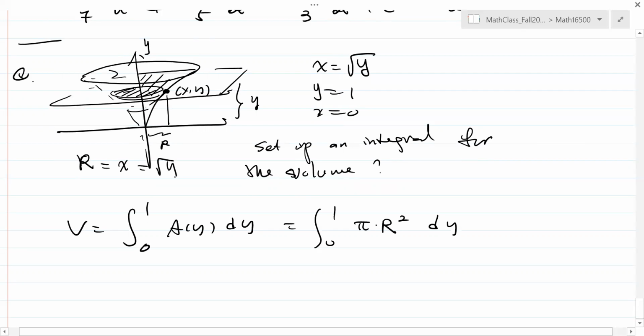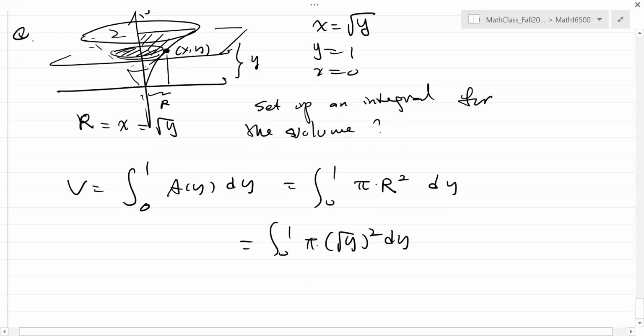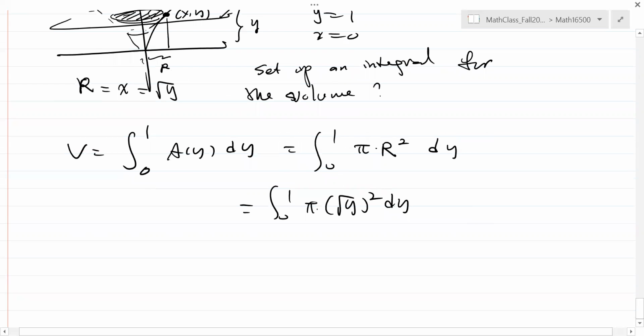So that's the reason. You end up with the integral of pi y dy. So the answer is half of pi.